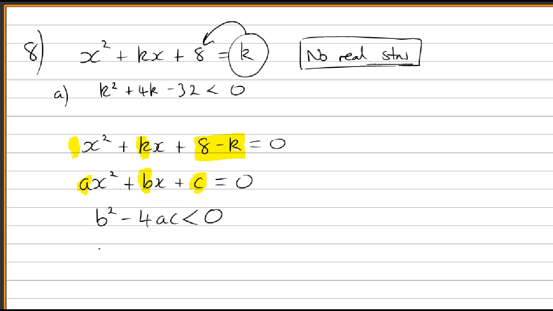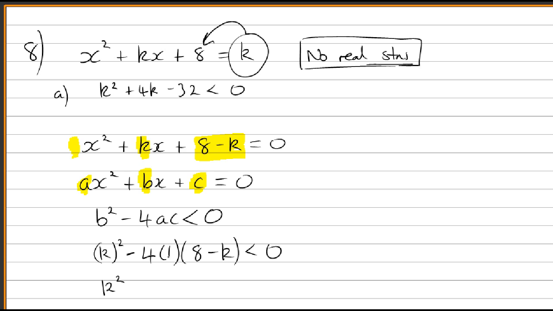B squared, so that's k all squared, minus 4 times a, well a was 1, and c was 8 minus k, and that's all less than 0. So we have k squared.